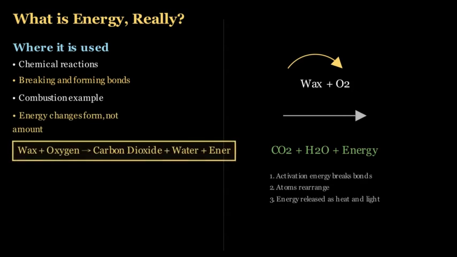The extra energy that was stored in the original bonds is released as heat and light. The total energy before and after is exactly the same, it has just changed form, from chemical potential to thermal and radiant. So the whole idea is, energy is the universe's unbreakable accounting system, and chemistry is the art of moving it around.